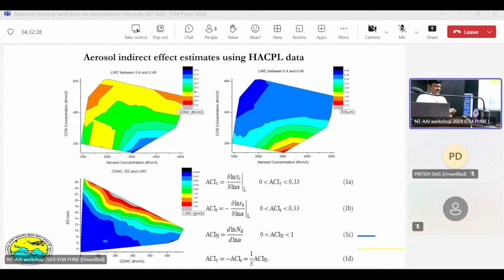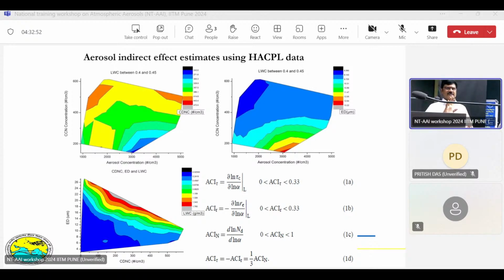So if you look at the relative changes in droplet effective radius with the relative changes in aerosol concentration or CCN concentration, you can take it. But the condition is that the liquid water content has to be the same for the cloud.